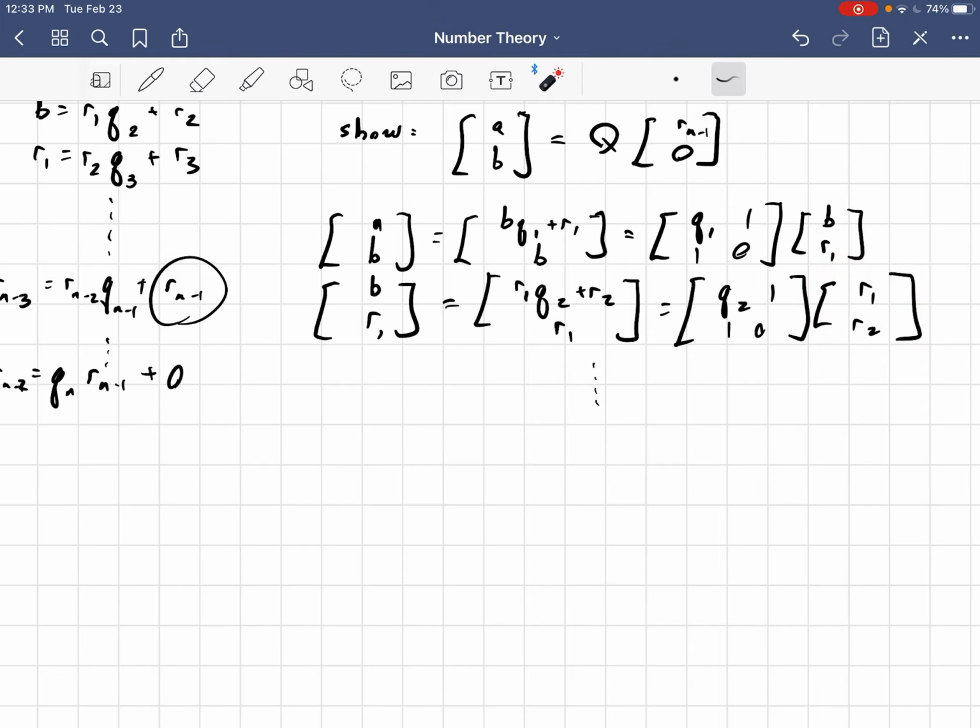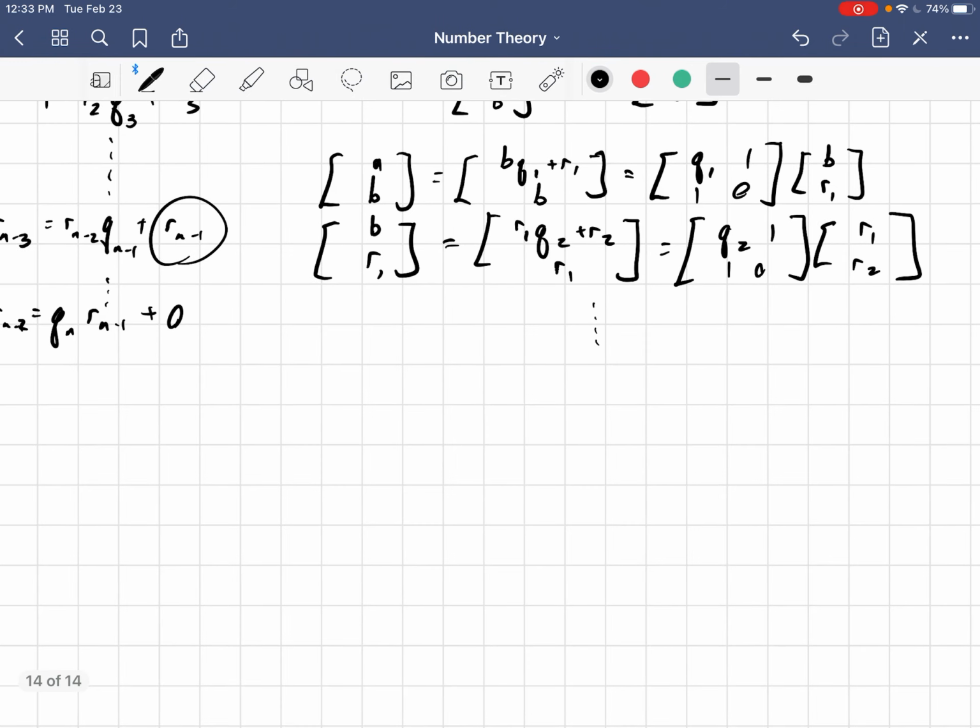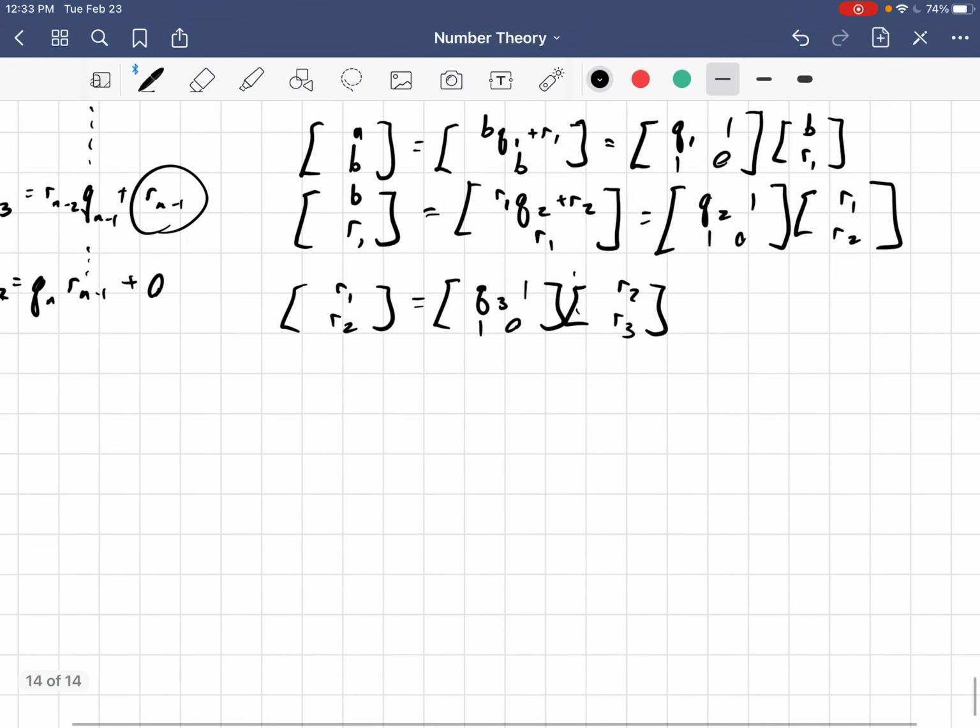And then that remainder matrix, you see, if I have R sub 1, R sub 2, that's going to end up being equal to Q sub 3, 1, 1, 0, times R sub 2, R sub 3, right? And we can keep on doing this.